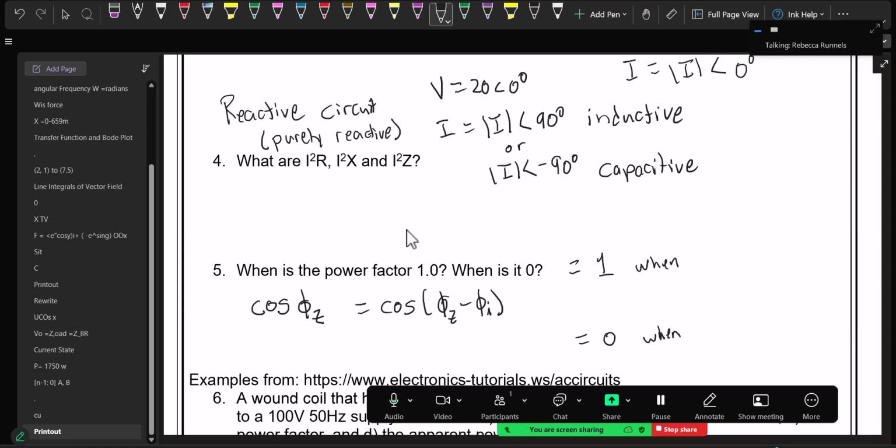So when does cosine equal 1? It equals 1 when the impedance angle equals 0, which means it is purely resistive. And it equals 0 when the angle is plus or minus 90 degrees, so purely reactive. Which one do you want if you're trying to be efficient? Resistive.